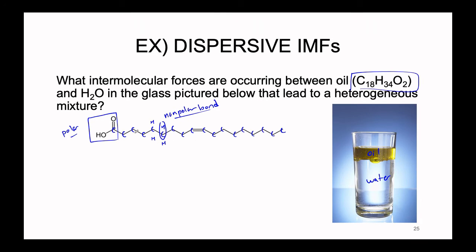However, the further and further we get away from that polar section, the more and more non-polar our molecule begins to appear. So we would say that we have a polar section on the left, this little section, and the rest of this molecule is going to be predominantly non-polar. So we actually have two natures existing within this one single molecule. It's like the dichotomy of man, only it's the dichotomy of molecules instead.